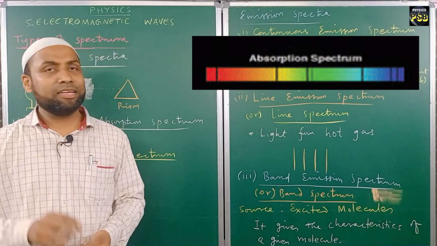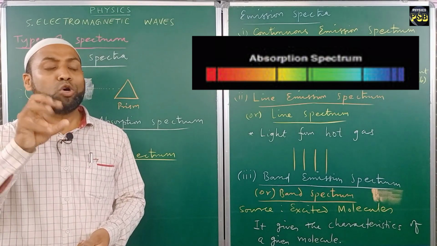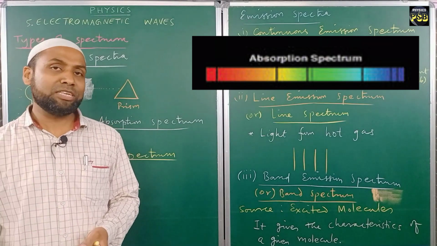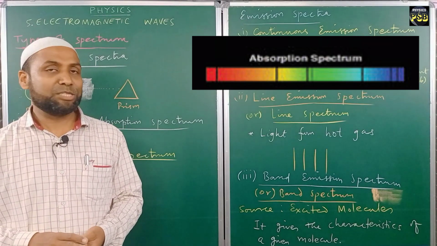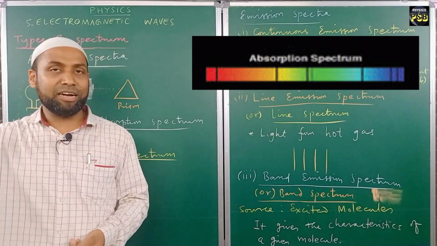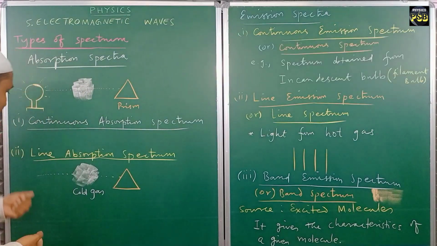This shows that sodium vapor has absorbed yellow light. That is why it is absent in the spectrum, and in the place of that we obtain dark lines. So it is an example of a line absorption spectrum.